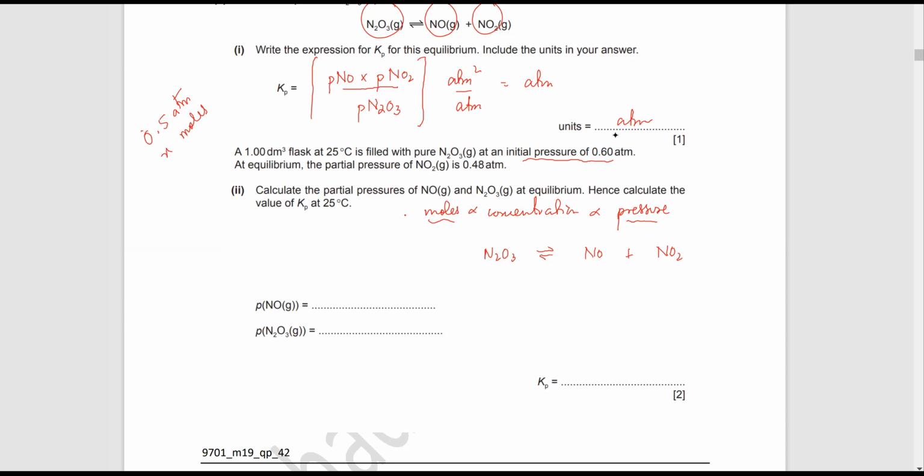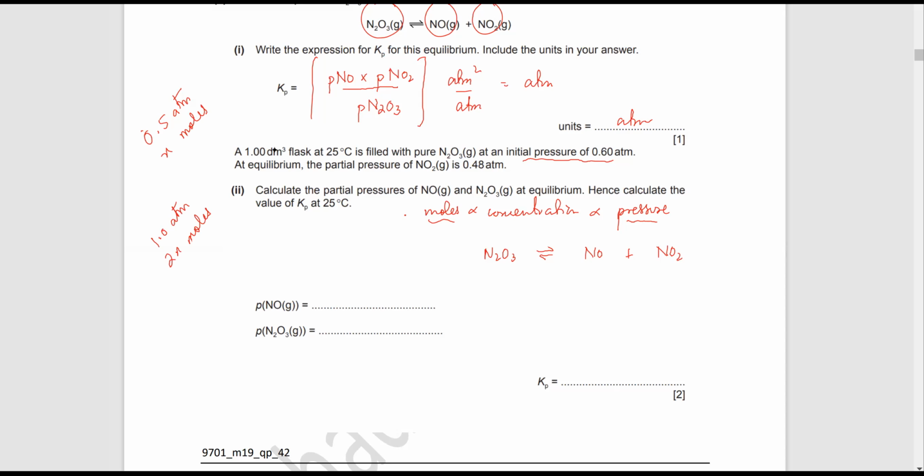If the pressure doubles to 1 atmosphere, what does that mean? If the temperature is constant and the container's volume is also constant, everything is constant, that means your moles have doubled. You must have 2X moles. There are more particles, and the more particles, the greater the pressure they exert.